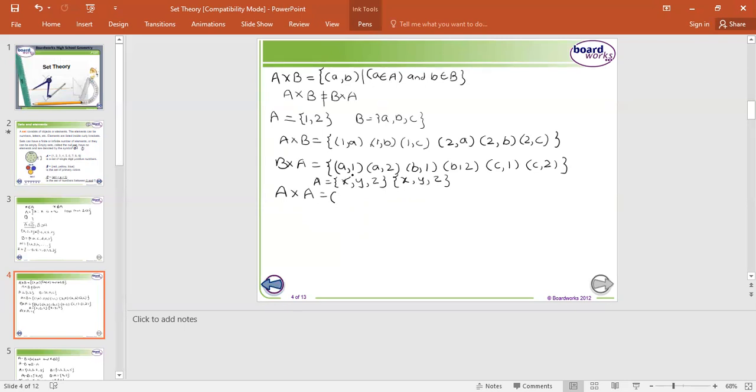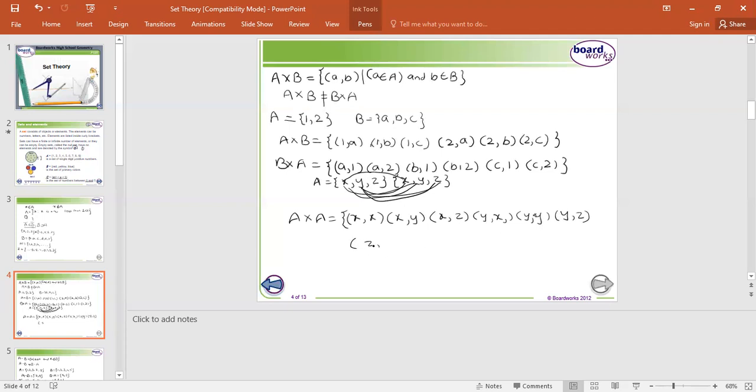So for A cross A you will get (x, x), (x, y), (x, z), then (y, x), (y, y), (y, z).